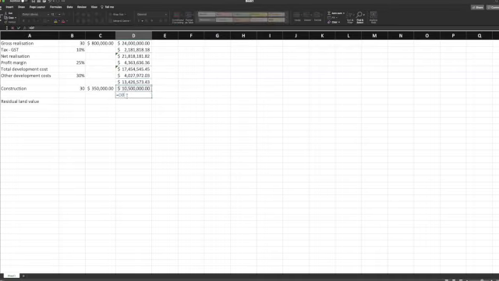And this number is an amount of money that is actually available for all of the costs associated with the acquisition of the land. So right now, this is the amount of money available for the acquisition of land.